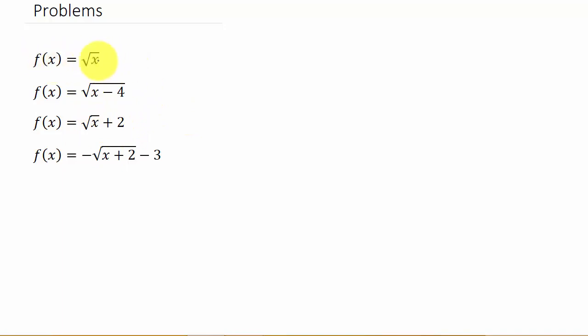This problem here, square root of x, will be the first video. This one is the second example, and it has its own video. This one, of course, is the third example, and that's this video. And then this one would be the fourth video. So you can see which one you want to know how to work. I would recommend watching all of them because they're all just a little bit different.